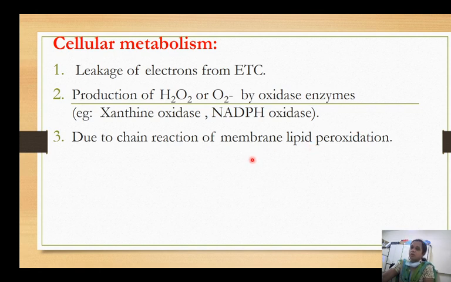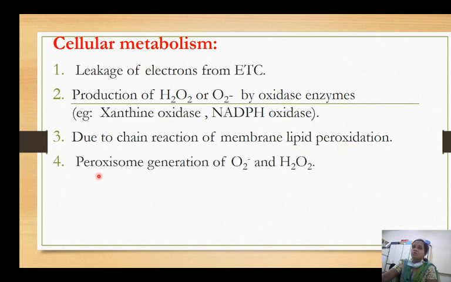Once these peroxides are formed, it will be like a chain reaction. One fatty acid will undergo peroxidation, that will give its electron to one more fatty acid, which will undergo peroxidation, like that. It will go like a chain reaction and completely peroxidize all the fatty acids that are present in the lipids. So the next one is due to the chain reaction of membrane lipid peroxidation.